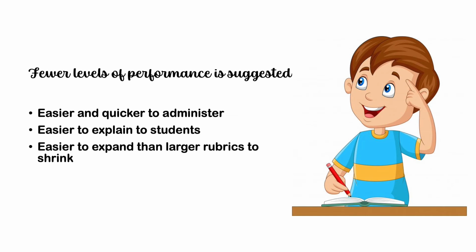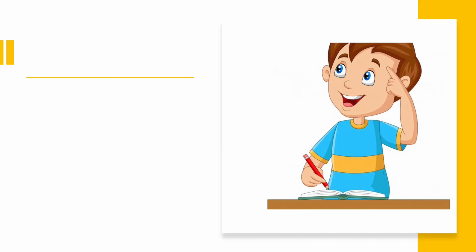Compare if you started with many levels of performance, you don't even know what to shrink, what to remove from the levels of performance. So, start with fewer so that, I repeat, it is easier and quicker to administer, easier to explain to students, and easier to expand than larger rubrics are to shrink.